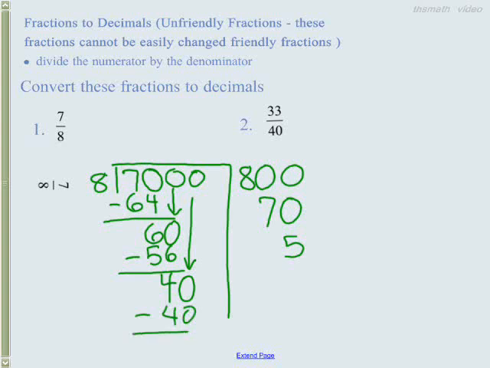And when I subtract, I get no remainder. So my answer here is 875. But since I added 3 zeros here, that means I have 3 decimal places in my answer. So I have 1, 2, 3 decimal places. My decimal goes right here. 7/8 is equal to 0.875.